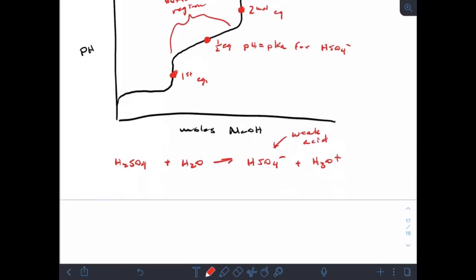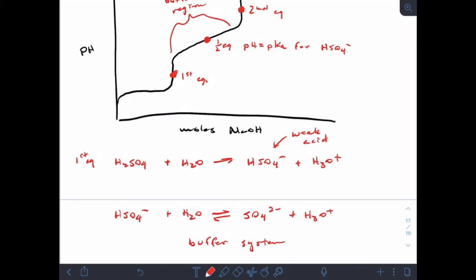So we need to address that. So we'll have HSO4 minus plus H2O. We have a double-headed arrow because it's a weak acid. Makes SO4 2 minus plus H3O plus. And this is our buffer. Okay, so this will correspond to our first equivalence point.